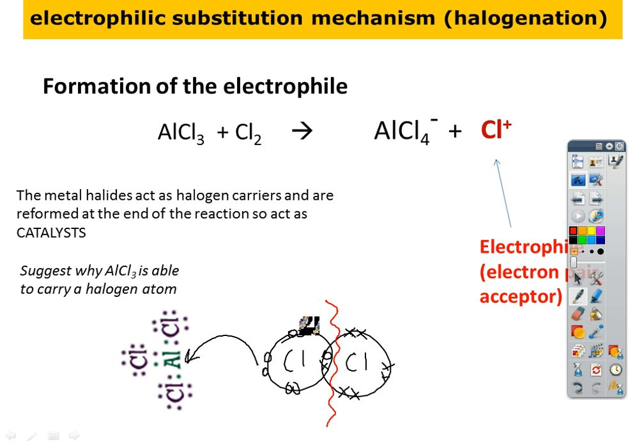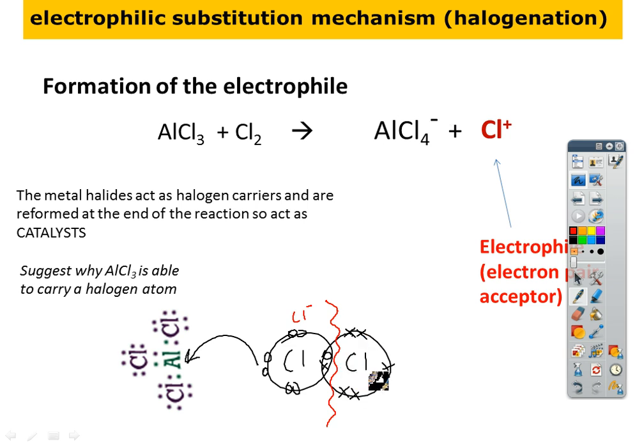Now if you think about it, chlorine's got 7 electrons in its outer shell anyway. It's actually going to keep this one here, so this has got an extra electron, so effectively this is Cl minus. So if you add Cl minus onto AlCl3, which is neutral, you're going to get AlCl4 minus.